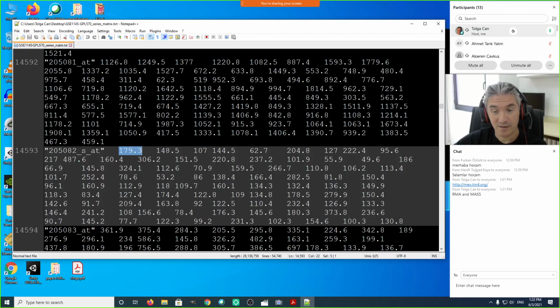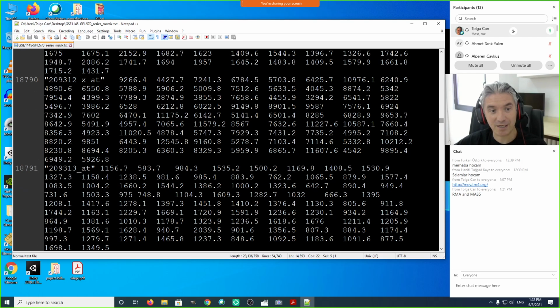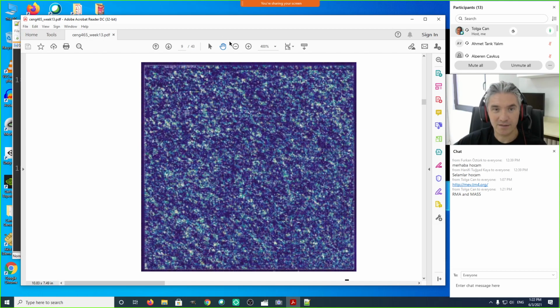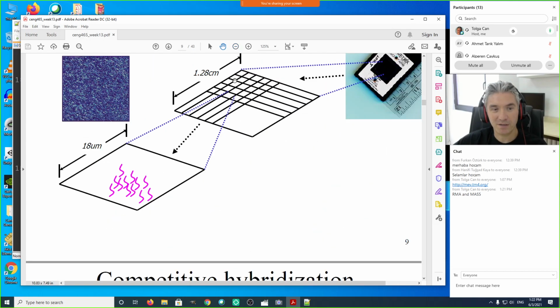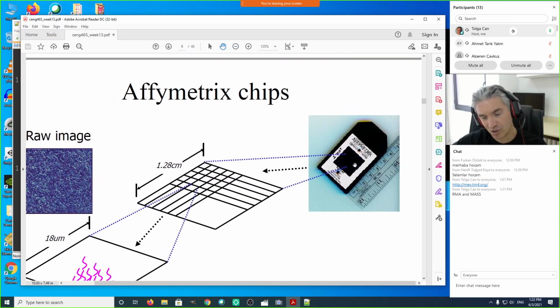So this is a matrix in which the number of columns is equal to the number of samples we have, and the number of rows is equal to the number of genes or number of transcripts that we are analyzing. All right, so we are going to be working with such matrix data in this part of the class. So it actually shows off the same chip that I showed you, a matrix gene chip array.